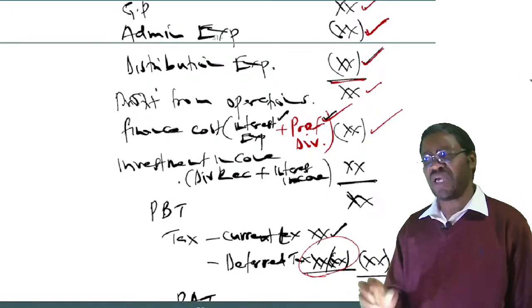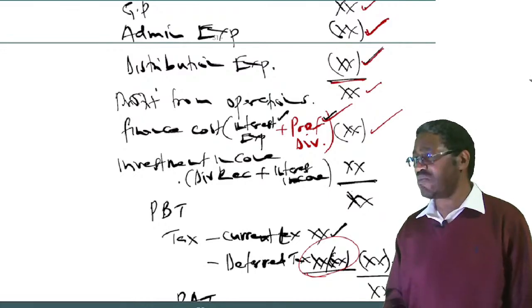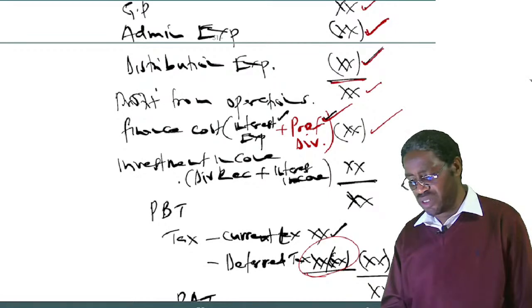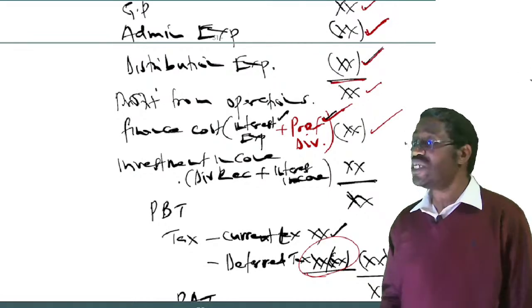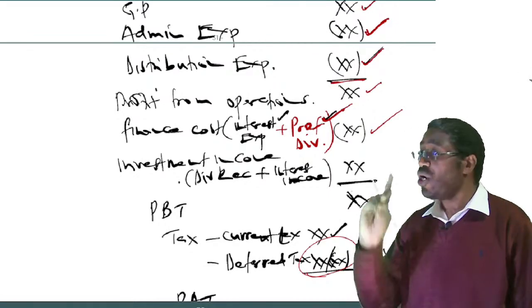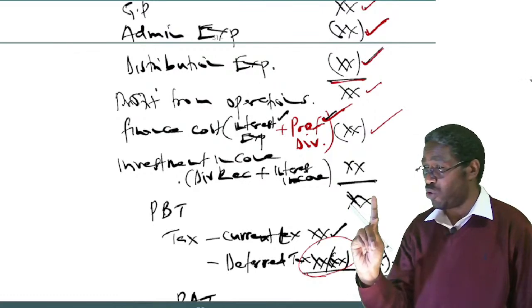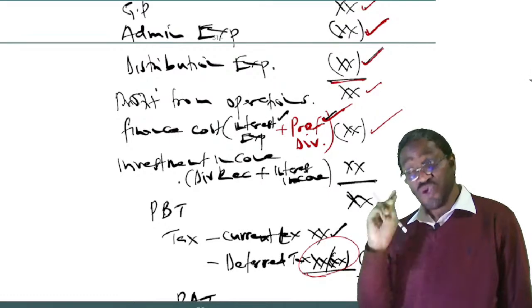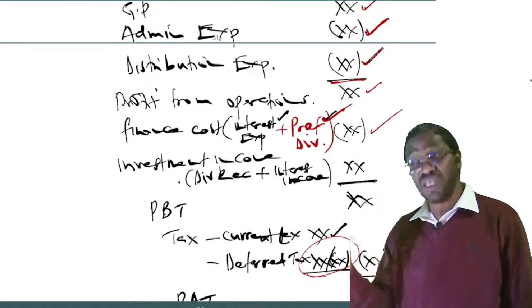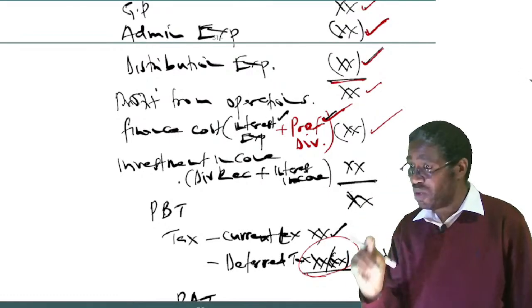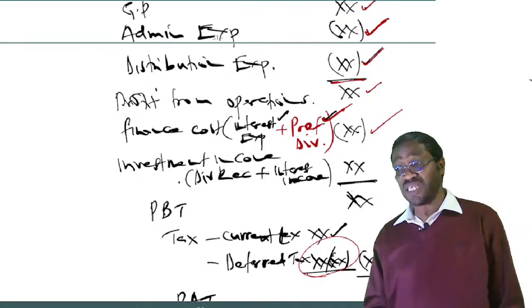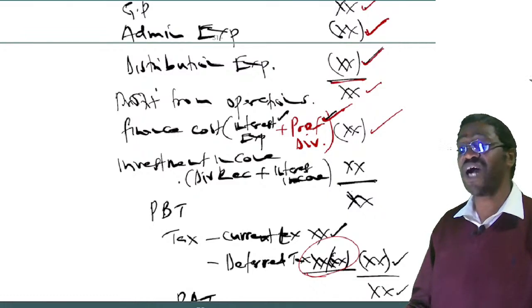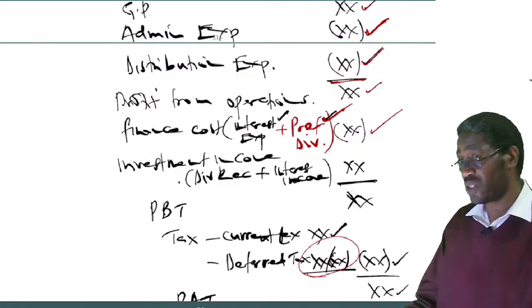Another item that can be considered as a finance cost is what we were calling preference dividends on redeemable preference shares, not on the non-redeemable. I hope you remember we said for the non-redeemable preference shares, their dividend is classified as an appropriation of profit.